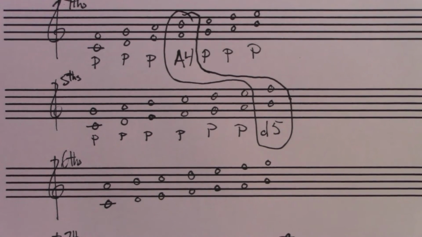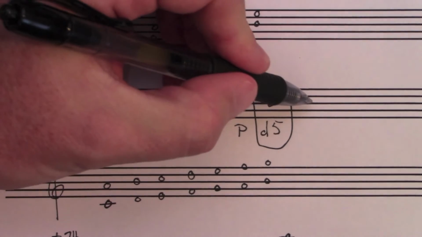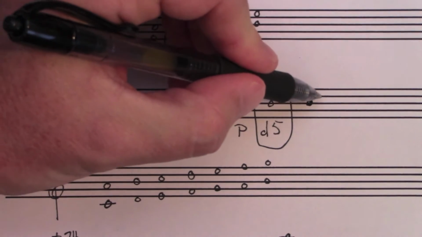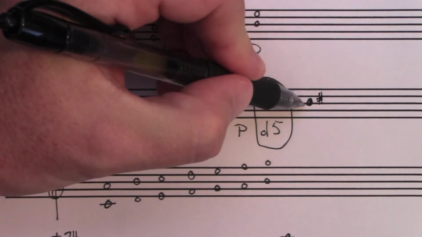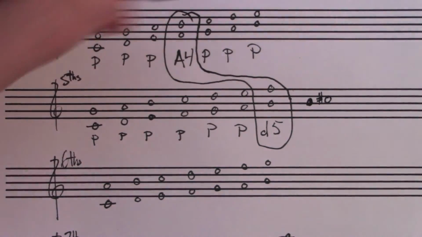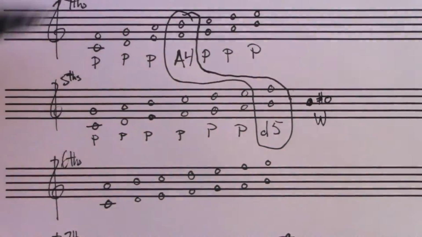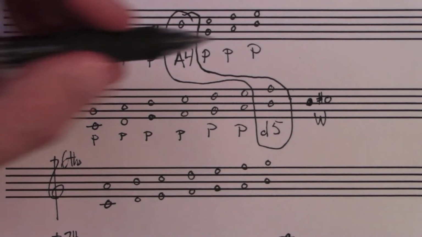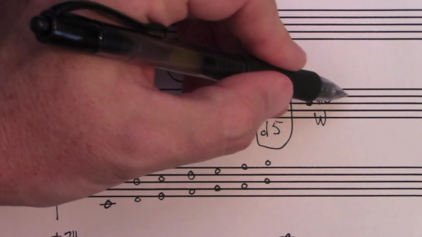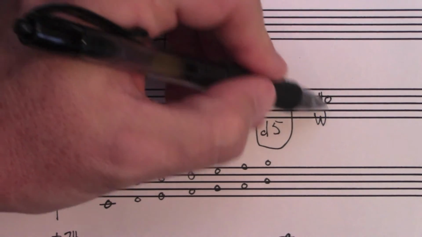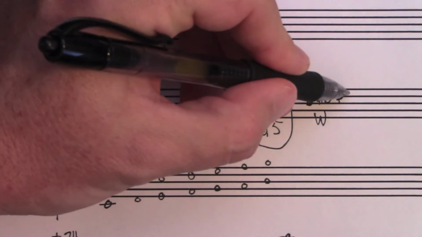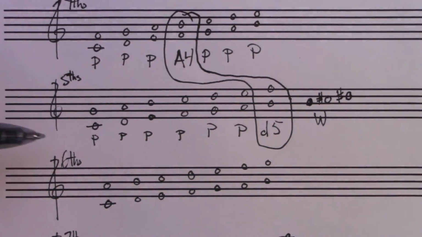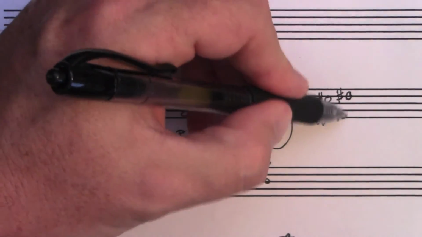Well, this is a special kind of interval. If we go from B to C sharp, that's a whole step, right? Then from C sharp, what's up a whole step from C sharp? Two half steps: D sharp, that's another whole step.